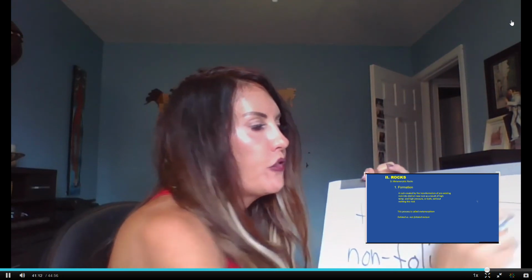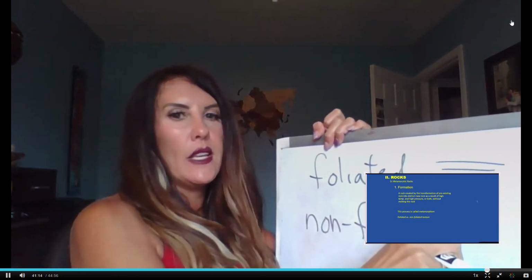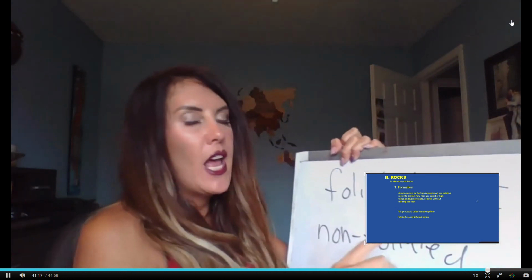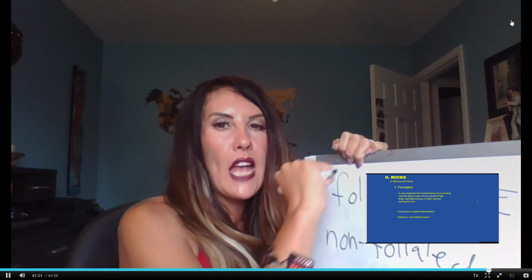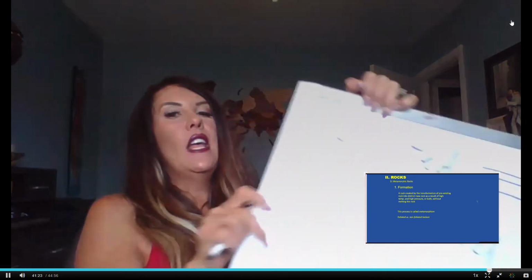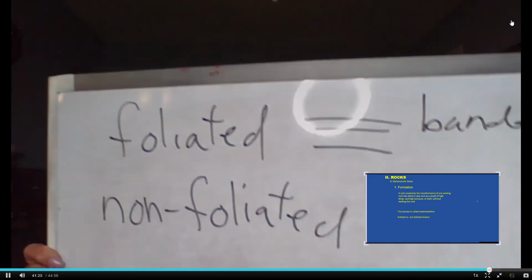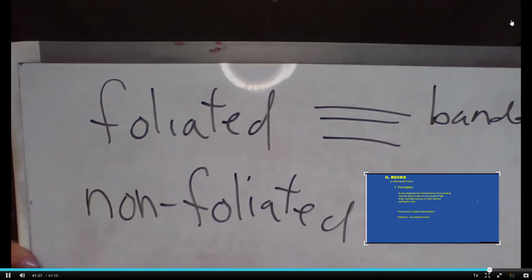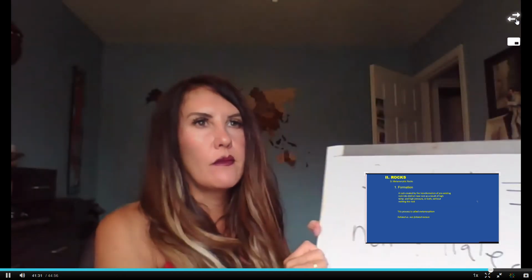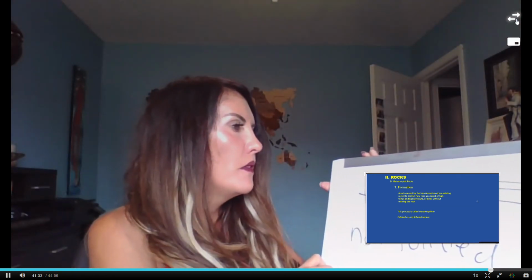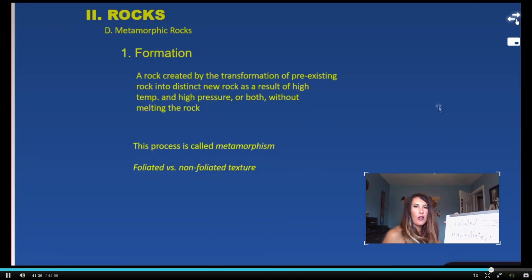So you're looking for these parallel layers, and that's because the rocks have undergone such intense pressure that they end up in these parallel bands. So gneiss is an example of that. Schist is an example of that. Phyllite, there's a lot that we'll look at in the laboratory.